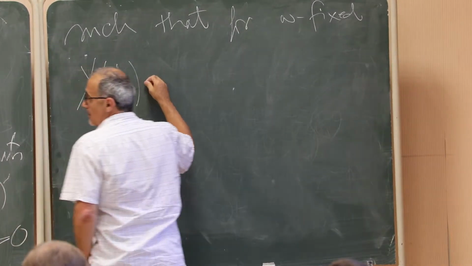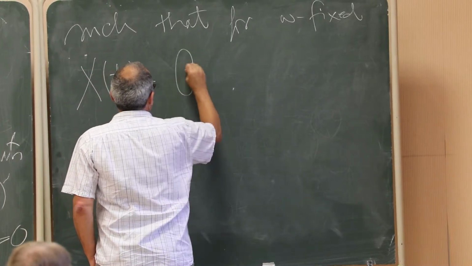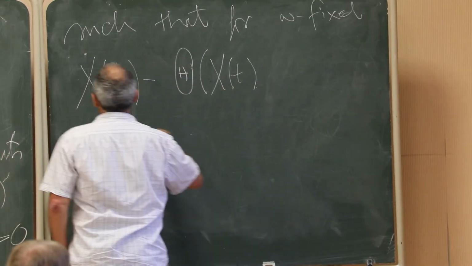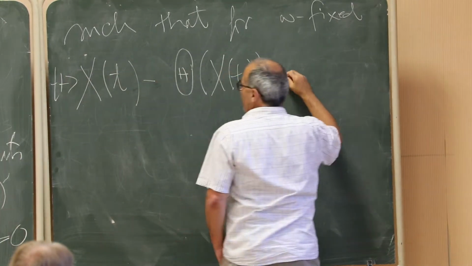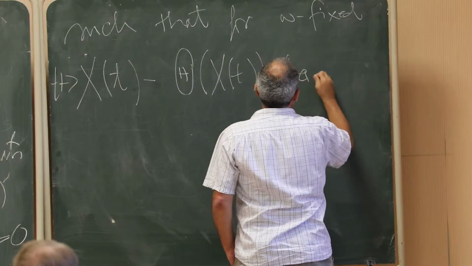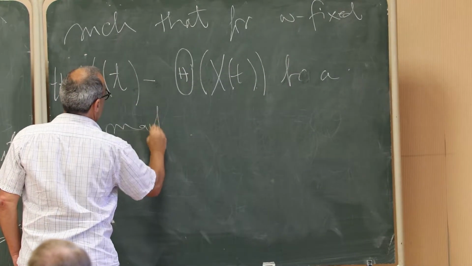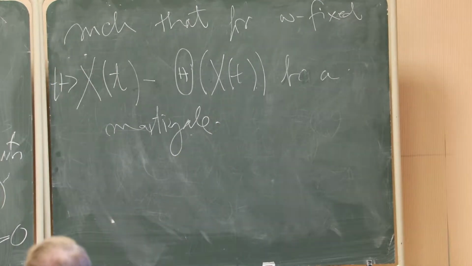Minus, or plus, doesn't matter, minus theta at X_t. So this process should be a martingale. Be a martingale. Is it clear what I mean?